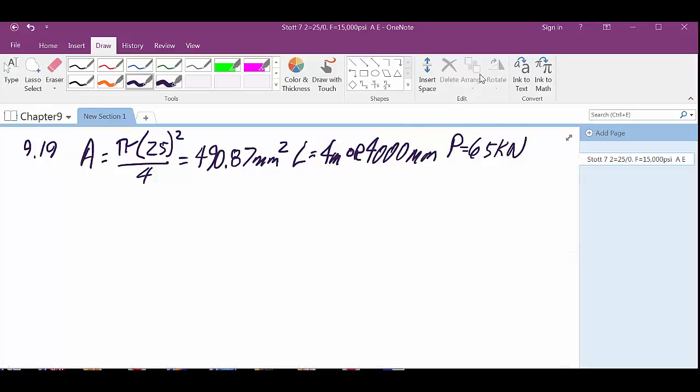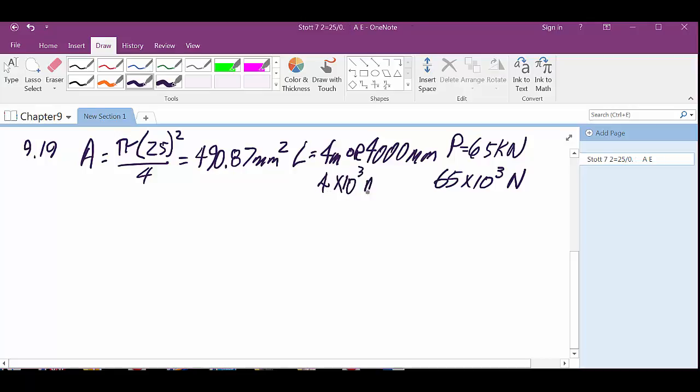Or, and I didn't do this, but you might even say 65 times 10 to the third newtons, because it needs to be in newtons and millimeters. And you could have said 4 times 10 to the third millimeters, right? Same thing. Let's see, do we need anything else? Or do we know anything else?